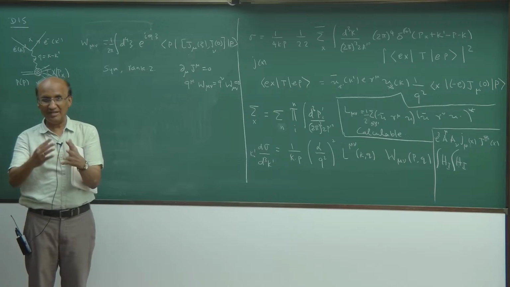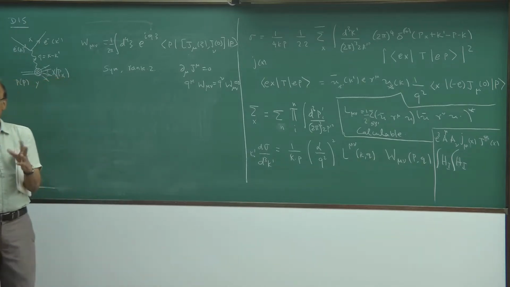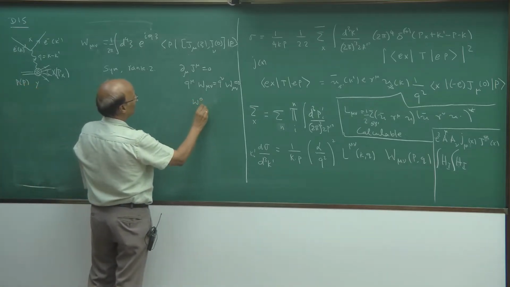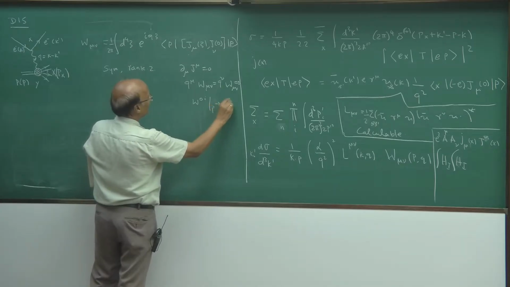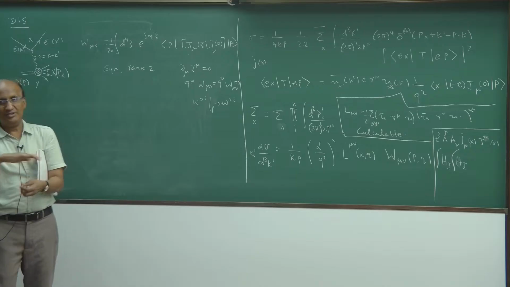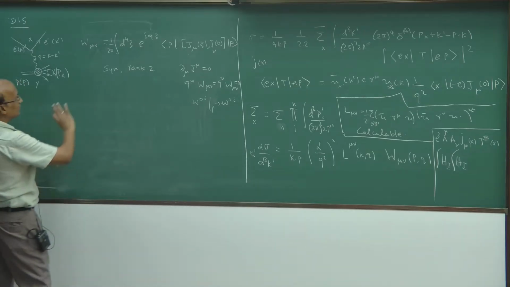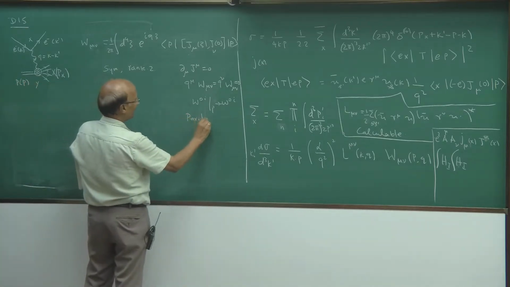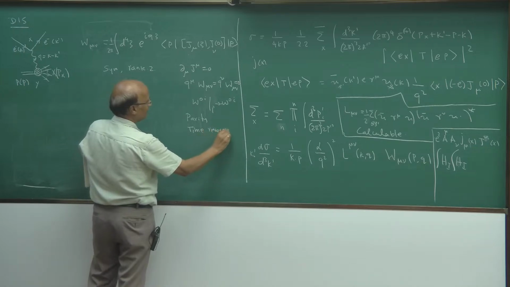Parity, for example: the electromagnetic current preserves parity, right? Parity means that under parity, 0 i should go to minus 0 i, because parity changes all the position parts, and the time part is in there. So all that you should take care of. So I list parity and time reversal symmetries.